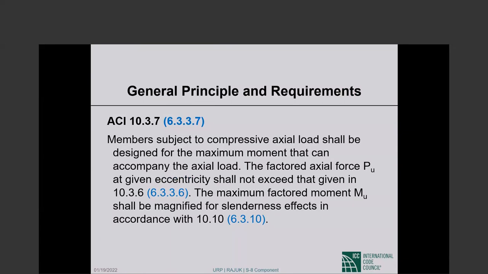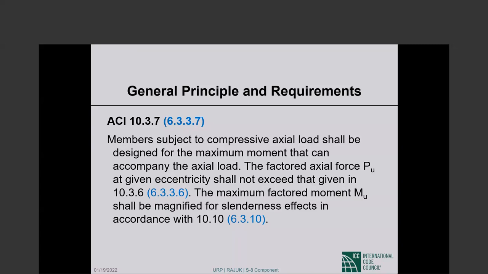Okay, general principles. Members subject to compressive axial load shall be designed for the maximum moment that can accompany the axial load. The factored axial force P sub u at given eccentricity shall not exceed, P sub u is the required strength, that given in section 10.3.6.